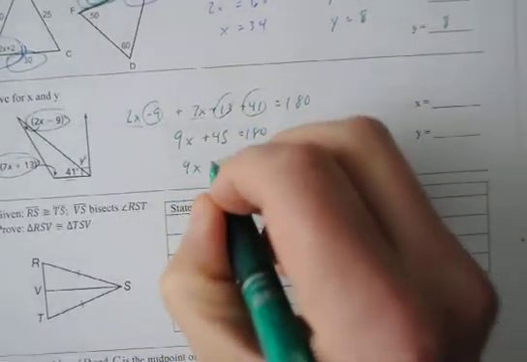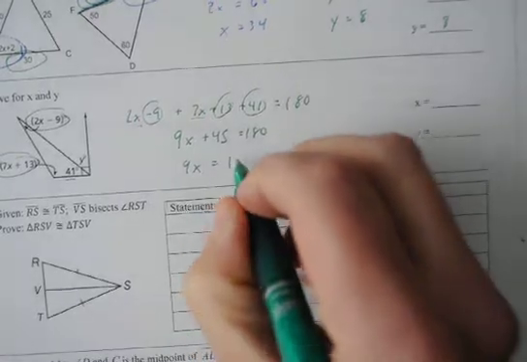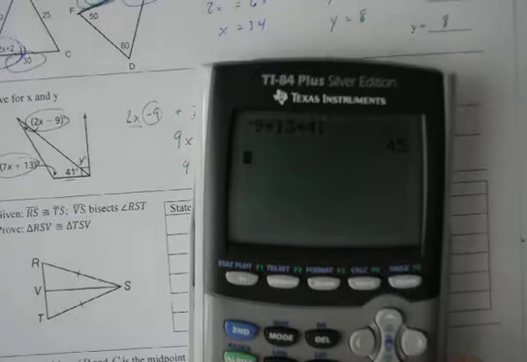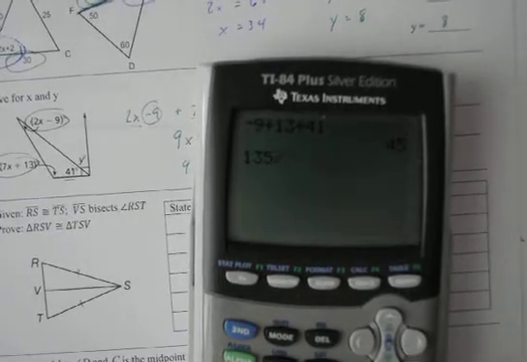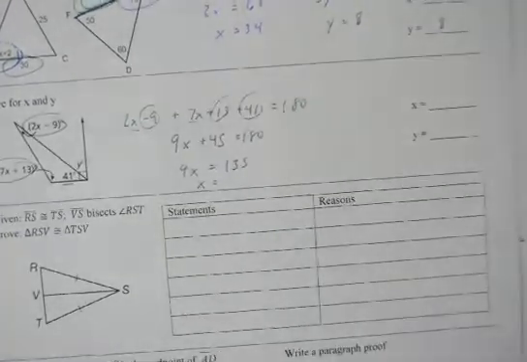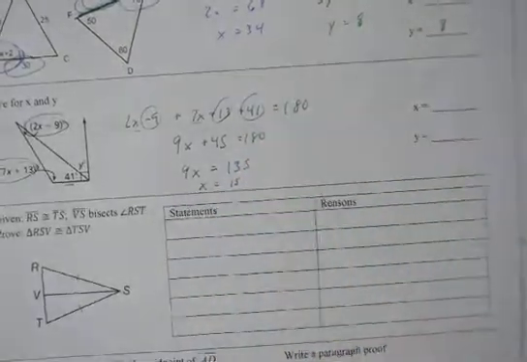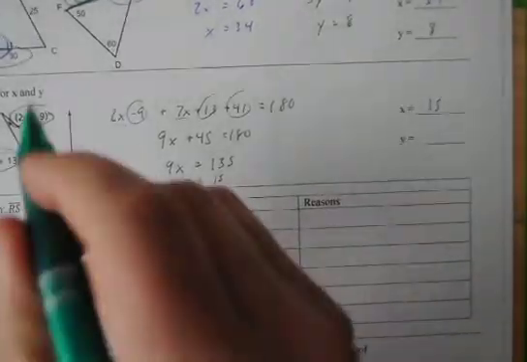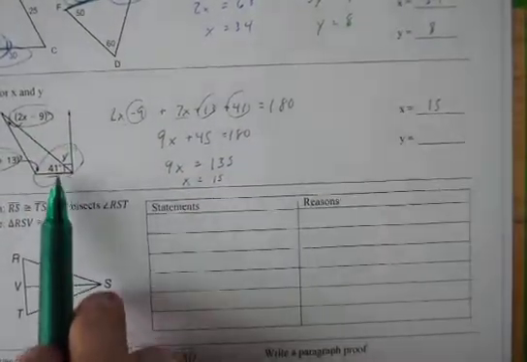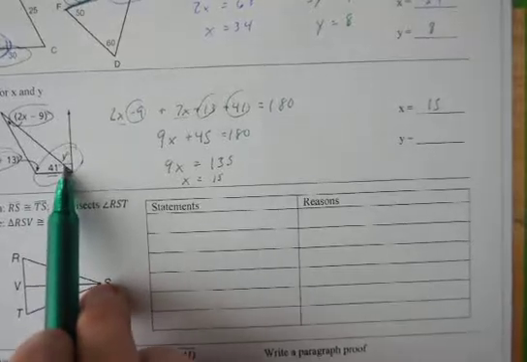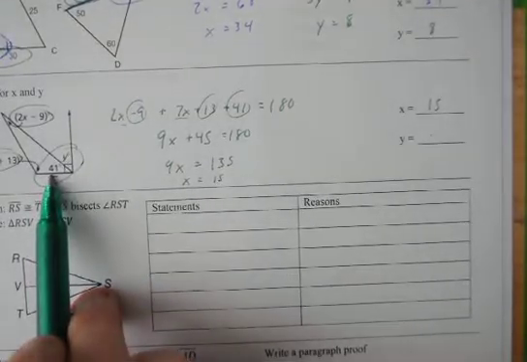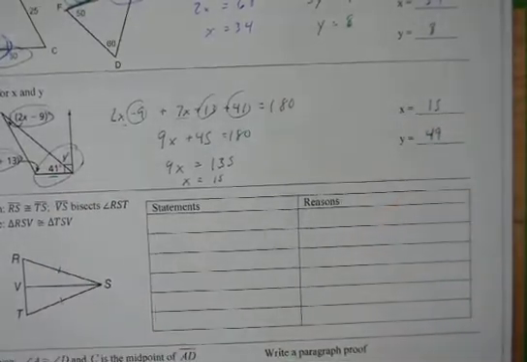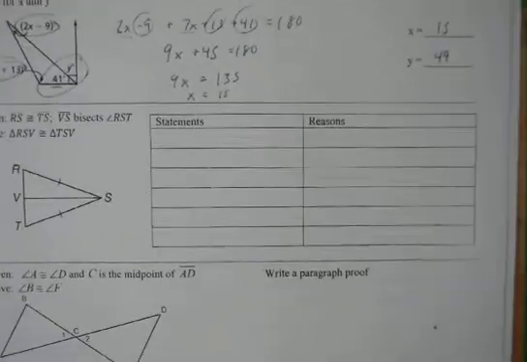Alright, subtract the 45 and divide. 135 divided by 9 is 15. Looks like x is 15. For y, now y is pretty straightforward. 41 and y make 90 degrees. So 41 plus 49 make 90 degrees. Not too bad for that one.